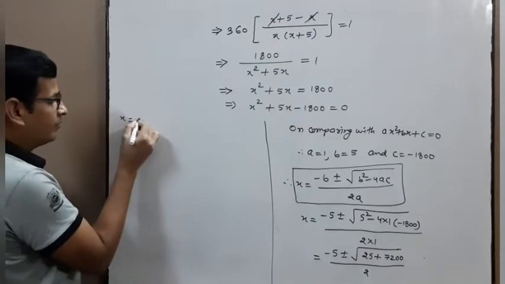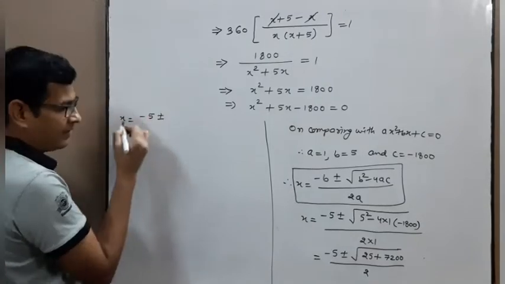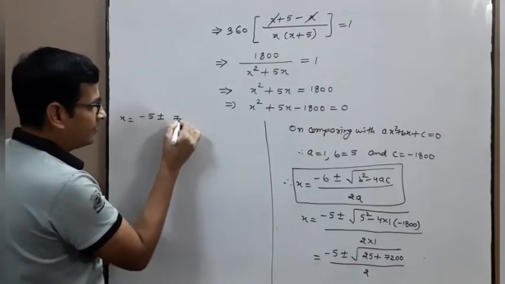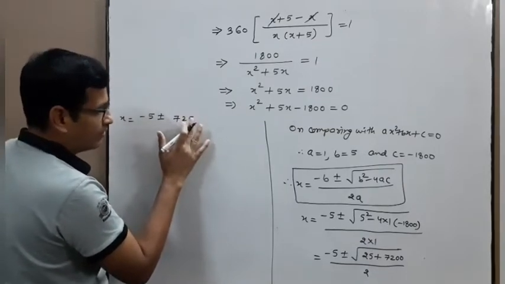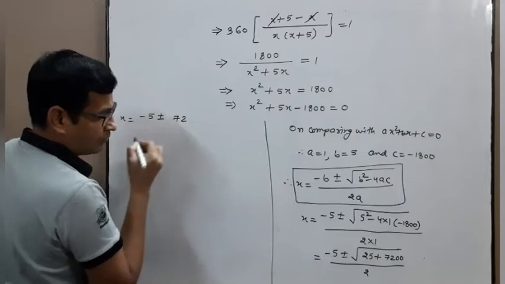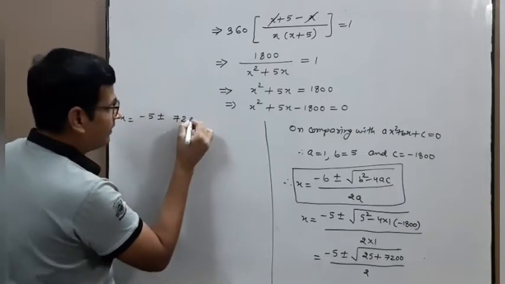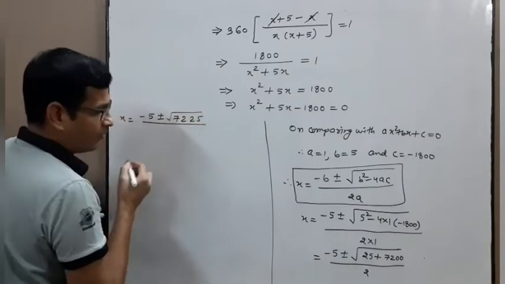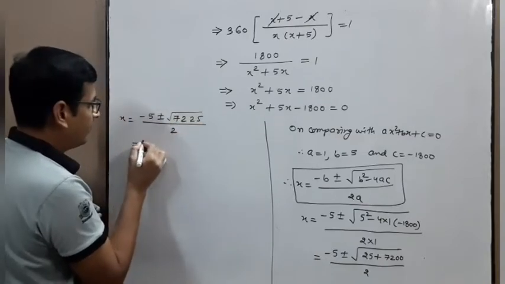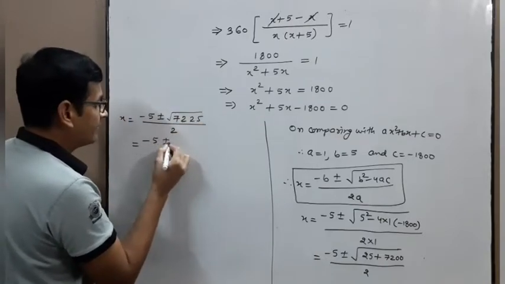Next step, x equal to minus 5 plus minus square root of 7225 upon 2. Now write the square root of this.